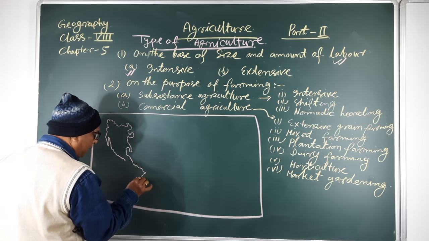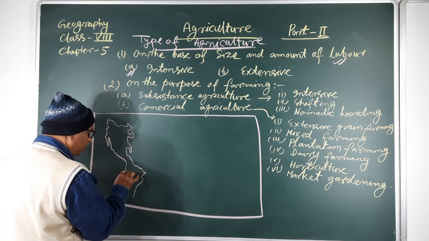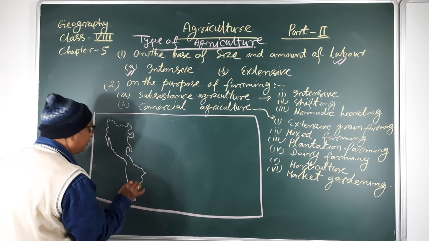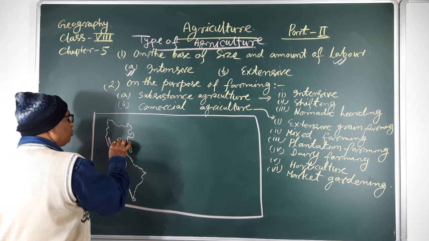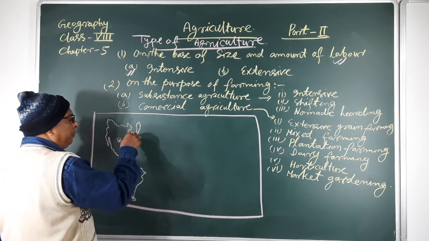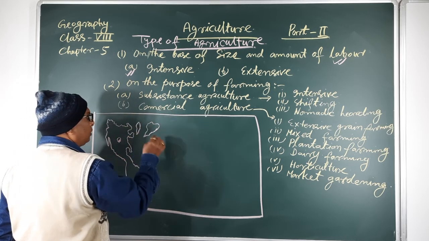This area is South America, here is Falkland, the Great Lakes here, and it is also known as Baffin Land. Greenland is also located here.